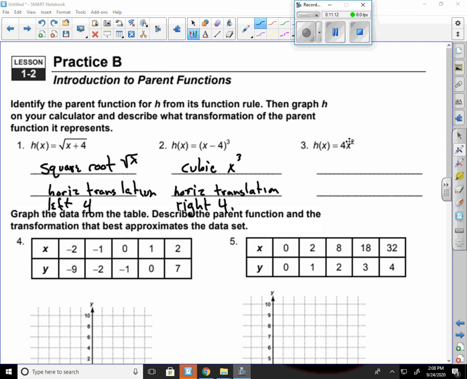Number 3, this is a quadratic. Original being x squared. And then this is a vertical stretch by 4.